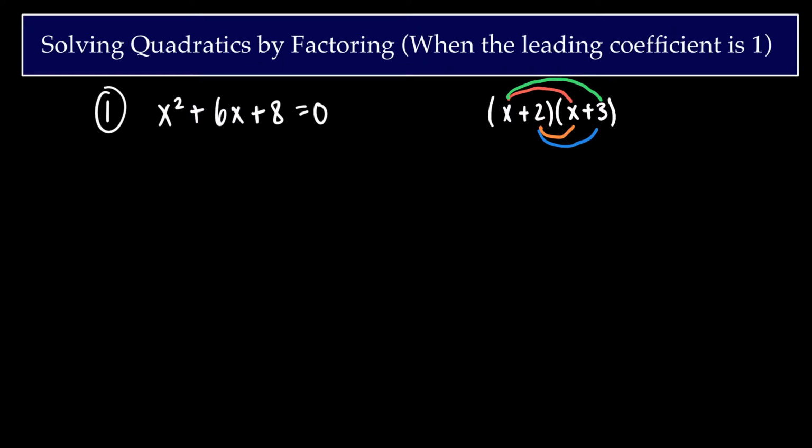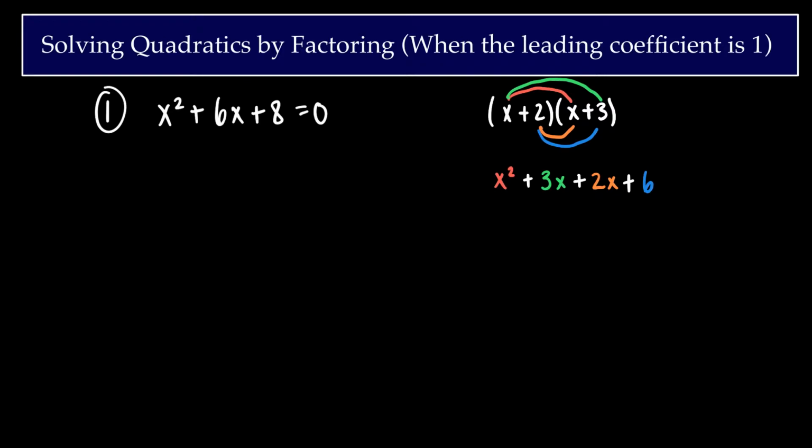When everything is said and done, the x's multiplied together are x squared. The x times the 3 is 3x. The 2 times the x is 2x. And the 2 times the 3 is 6.